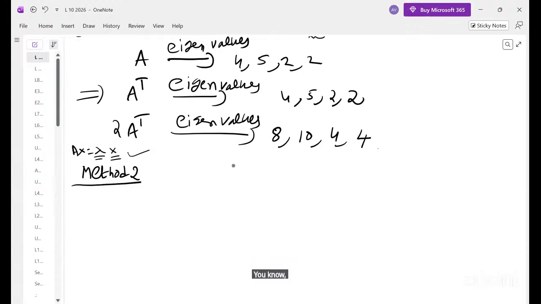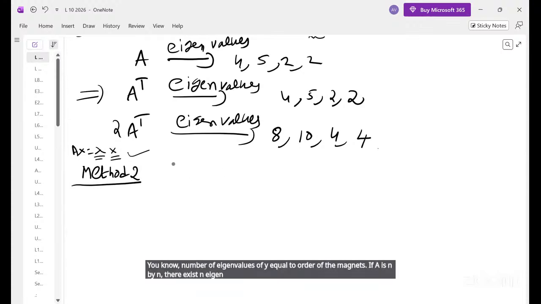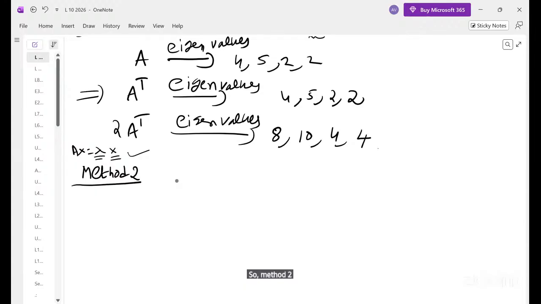You know, the number of eigenvalues of A is equal to the order of the matrix. If A is n by n, there exist n eigenvalues. So method 2 of finding eigenvalues: eigenvalues are nothing but roots of the characteristic equation. They are also called characteristic roots, proper values.